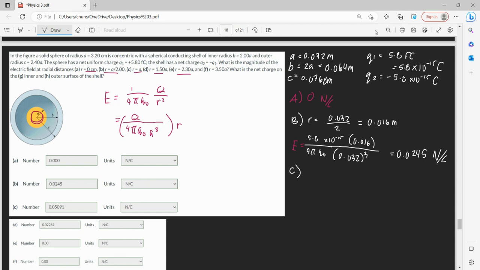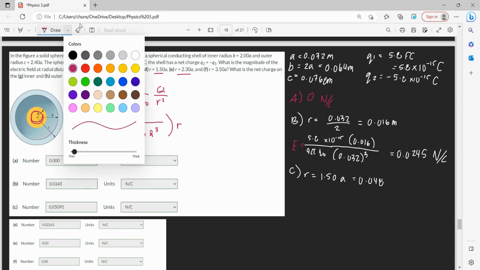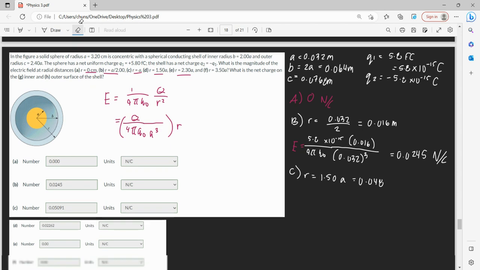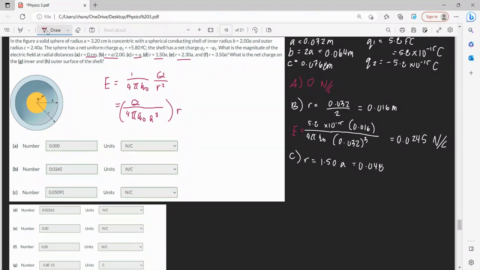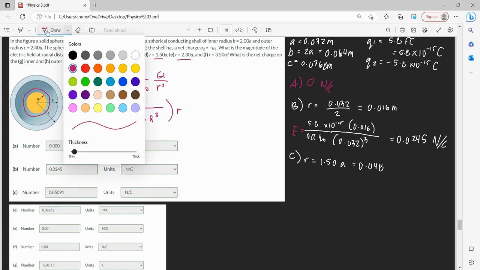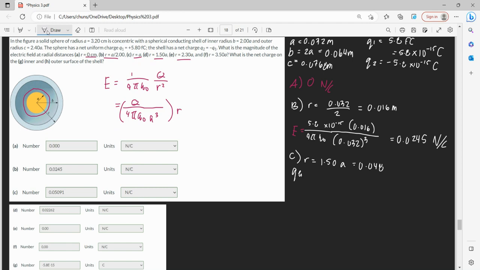Now let's do part C. Part C, let's find our radius. So this is 1.5a, which is equal to 0.048. So this is larger than a, so that means that we are going to be measuring from here, so we are enclosing the same amount of charge. We're only dealing with Q1.